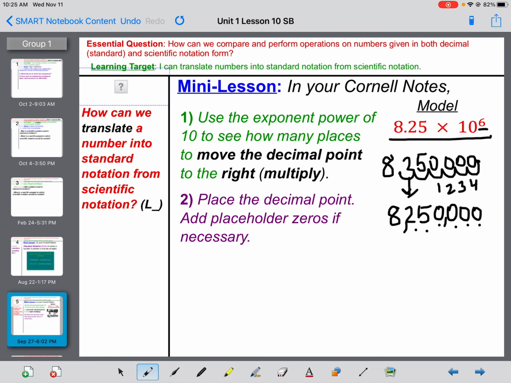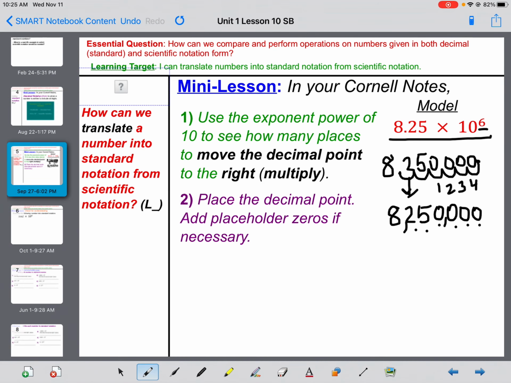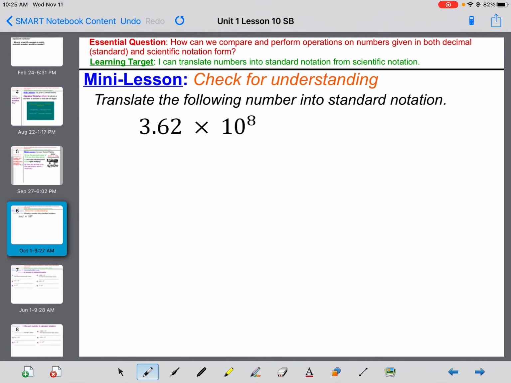We're going to practice one more problem together, and then you're going to give it a shot for the work time. So here we have 3.62. Our exponent is 8, so that means we are moving this decimal point to the right 8 places. 1, 2, 3, 4, 5, 6, 7, 8.